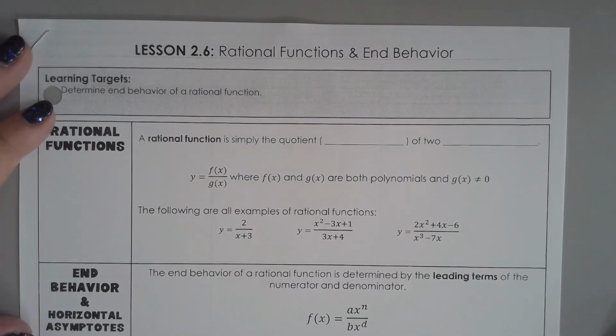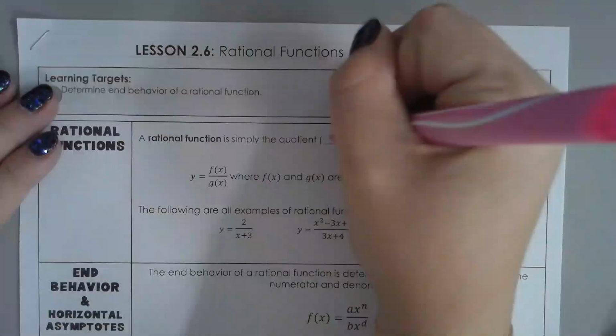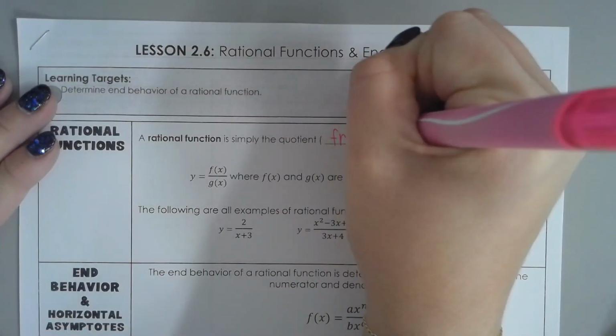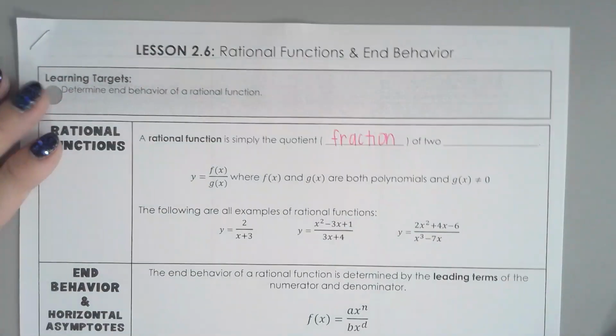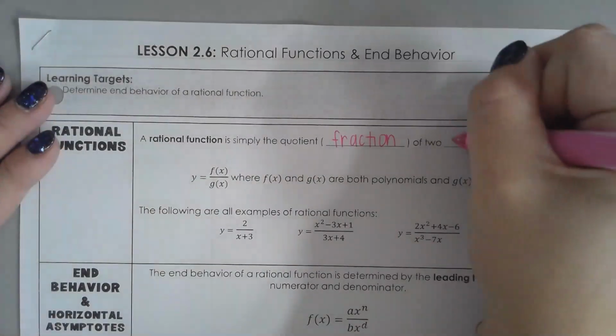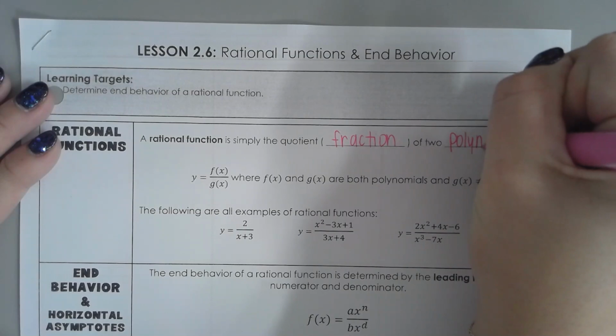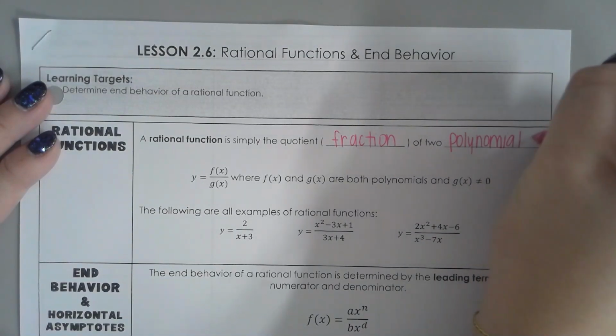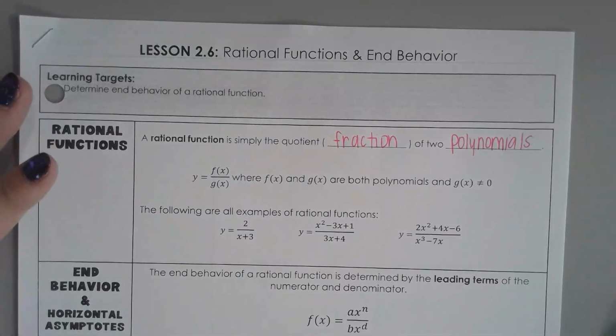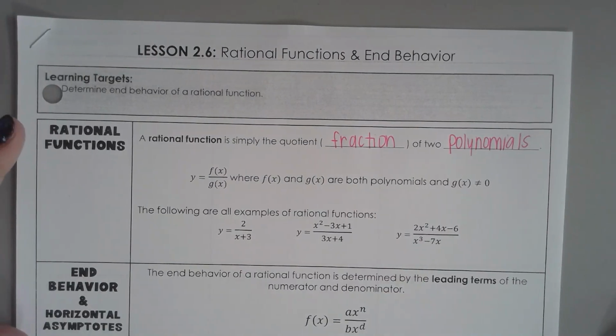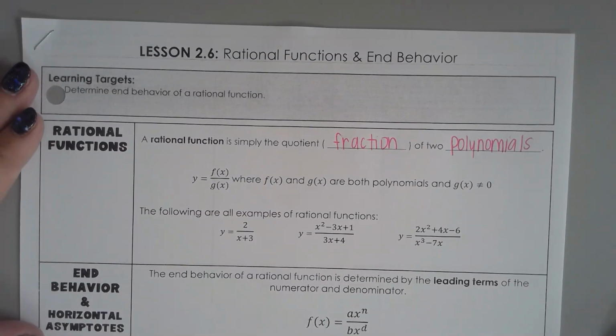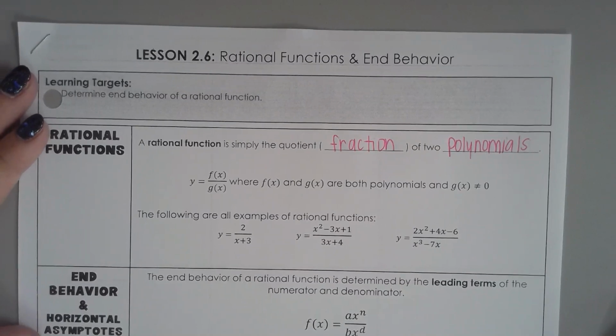You're going to see these as fractions, a fraction of two polynomials. Okay. So it's a fraction with x's on the top and x's on the bottom. That's what I mean when I talk about a rational function.